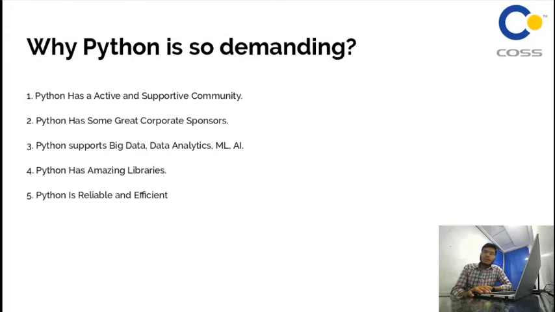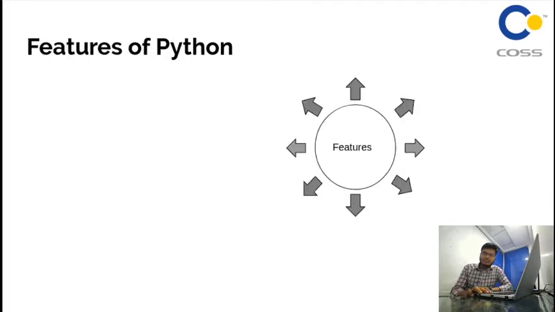They are the corporate sponsors of Python. And Python is mostly used for big data, data science, artificial intelligence, machine learning, and other technologies which are trending in the market. And Python has amazing libraries which we can import as per the requirement. And Python is reliable and efficient due to its error handling and error detection.